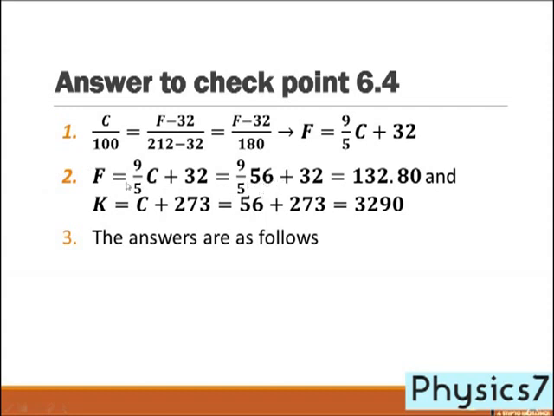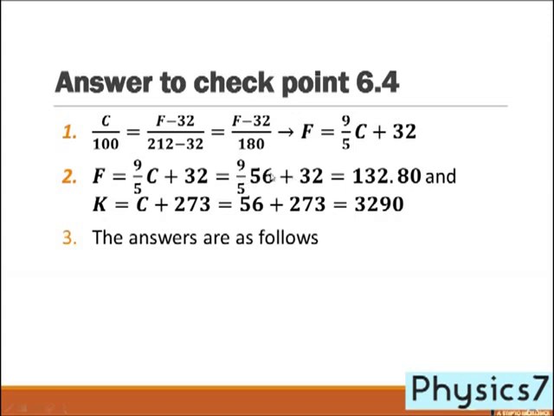So in the second part of the question, you're asked to determine the temperature in Fahrenheit, given that you have a temperature in degrees Celsius of 56 degrees. So that's simply the case of you just substituting into this expression the value for C equal to 56.